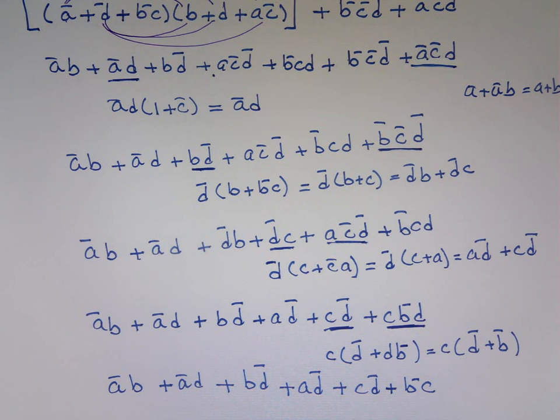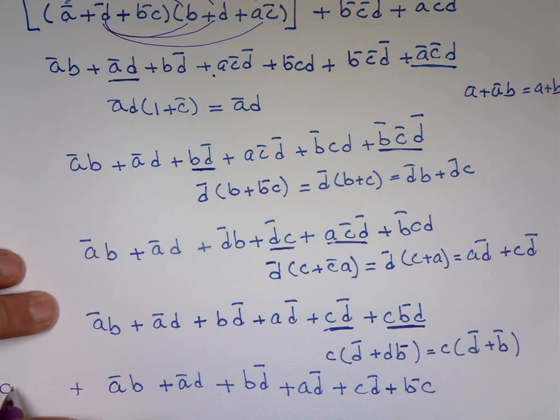If you add back in, like the C, B bar, D. The question is, if you add in one of those terms up there on the top, what was it?